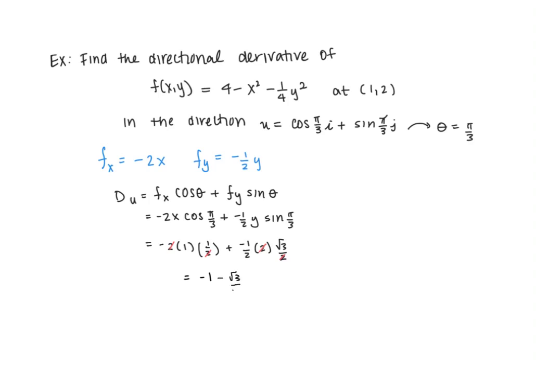You can leave it like that, or you can type it in your calculator if one is allowed. That's negative 1.866. So that's the slope of the tangent line going in the direction of pi over 3 at (1, 2).